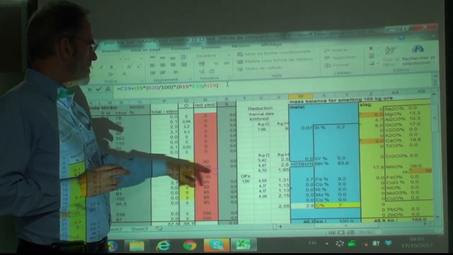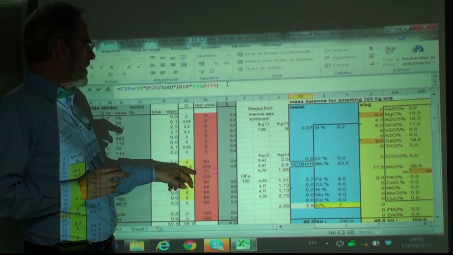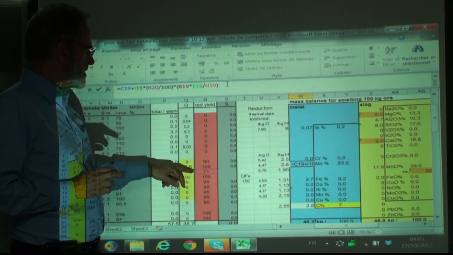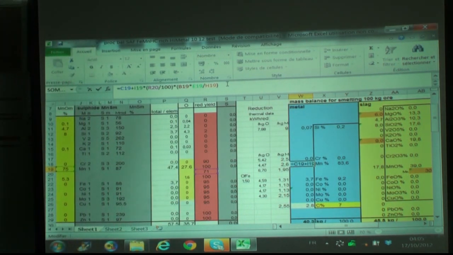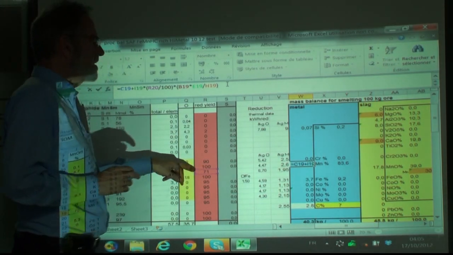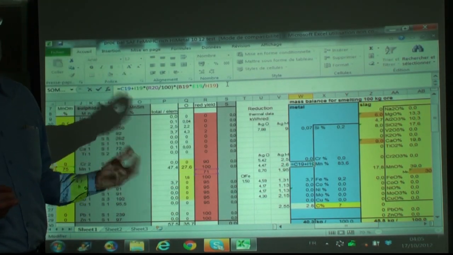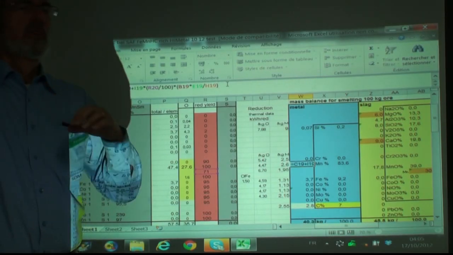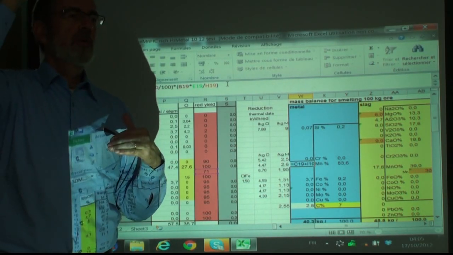So the manganese you recover is this, you recover from MnO. So you make the calculation using only the reduction yield of MnO. So you actually ignore the initial reduction of MnO2 to MnO.